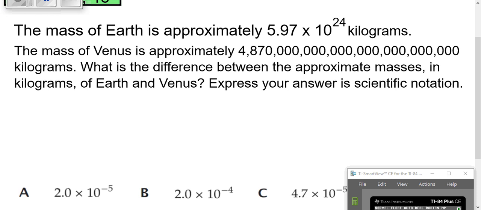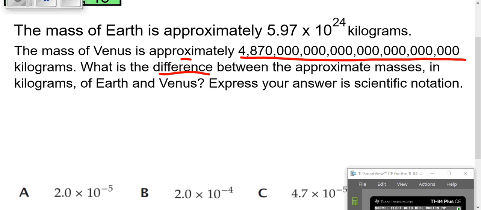And the reason why I like this question is that obviously, first off, this is difference, right? So you know you have to subtract these two numbers, and you can't put this into the calculator.